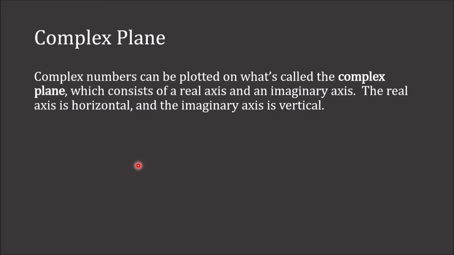Now, complex numbers can be plotted on what's called the complex plane, which consists of a real axis and an imaginary axis. The real axis is the horizontal axis. The imaginary axis is the vertical axis, as shown here.